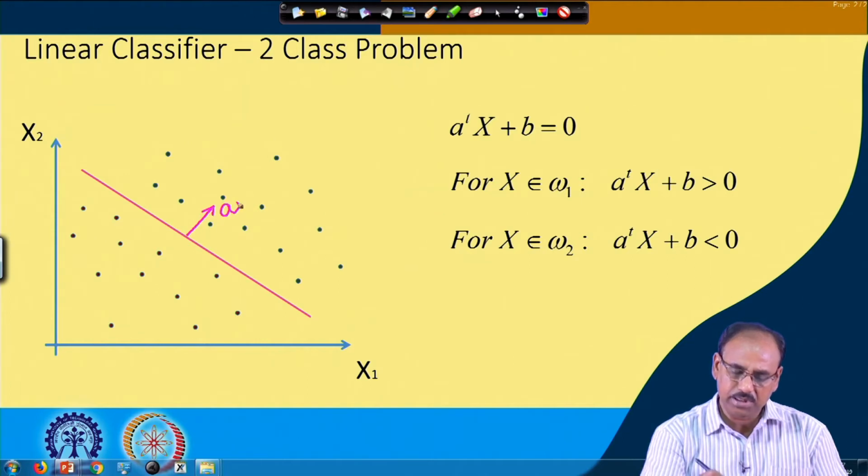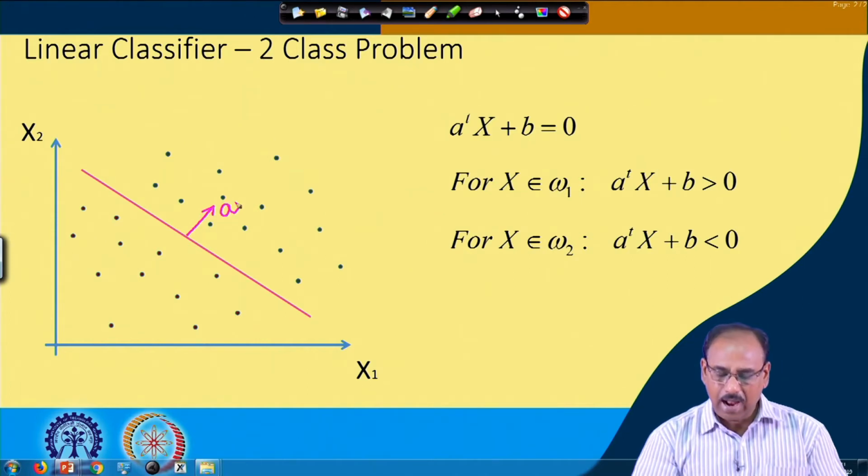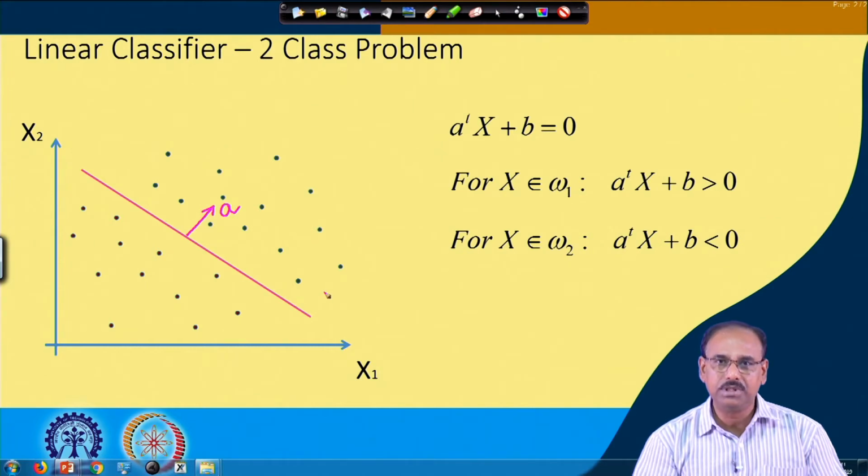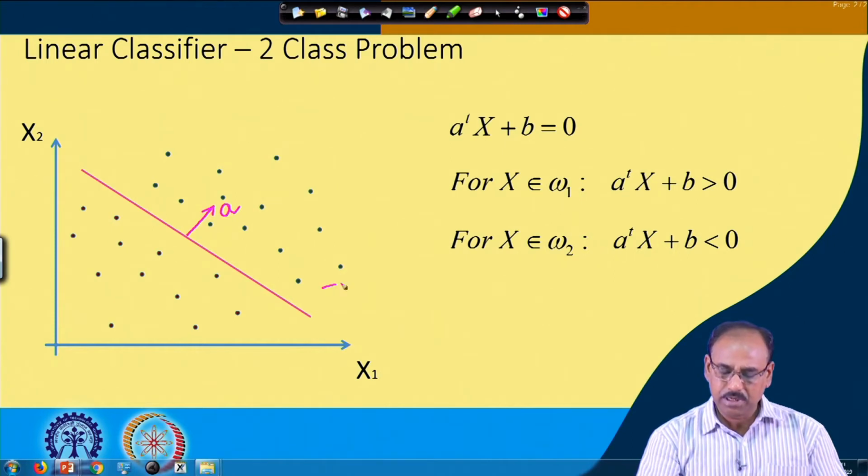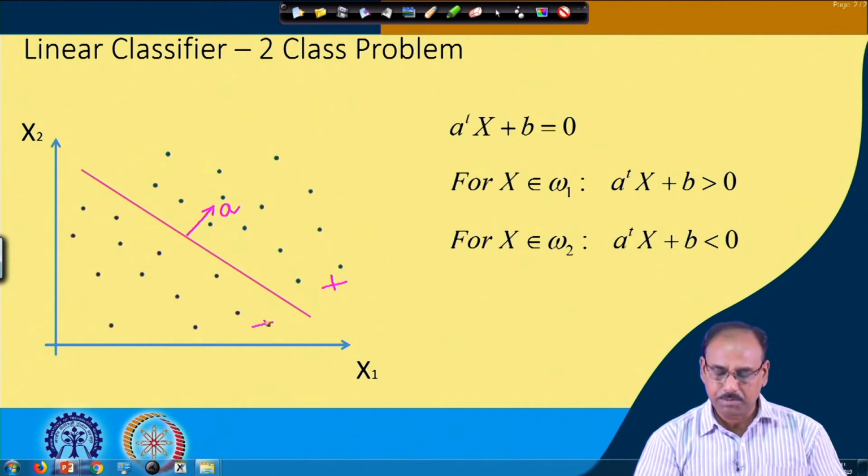This will be the direction of vector A. And as we have assumed the existence of a separating boundary which is linear, we know from our school level mathematics that such a linear boundary divides the feature space into two half spaces. One of the half spaces is the positive half space, the other half space is the negative half space.